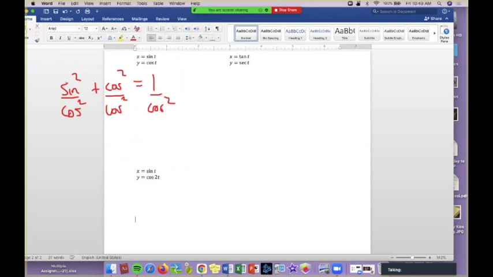And what that leaves me with is tangent squared plus 1 equals secant squared. All right, so to get rid of that tangent t and secant of t, we've got to manipulate our equation by squaring, and then we're probably going to want to set it up so we can find tangent squared minus secant squared equals -1.